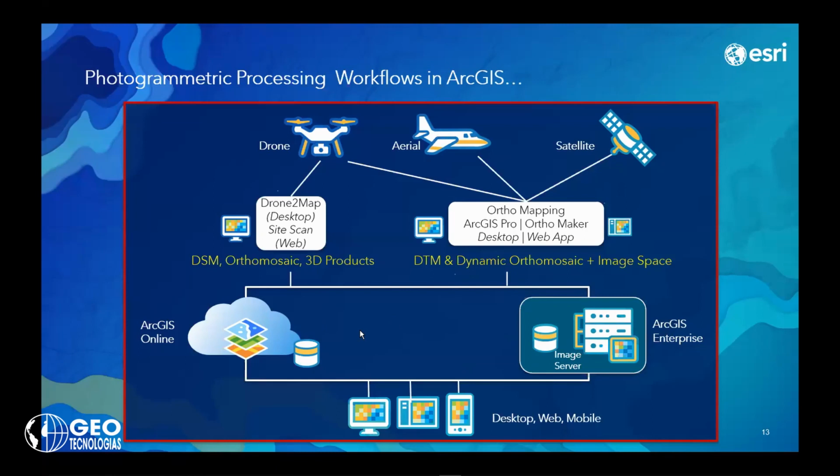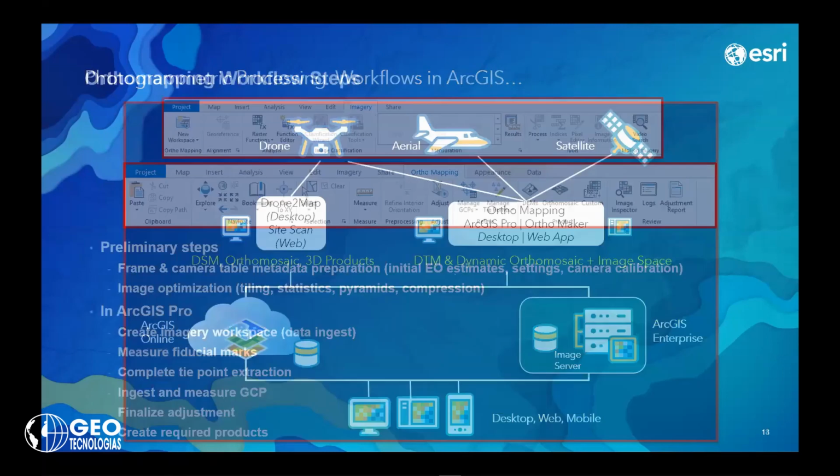And then those applications and content and services are then consumed with any number of mobile devices, desktop devices, or web devices. So again, this is sort of the top to bottom workflow, beginning with content and platform, going through the software stack and the workflows, and then using the dissemination capabilities of ArcGIS Enterprise and Server or ArcGIS Online to disseminate that content to your users. So this is the workflow we're going to look at here right now.